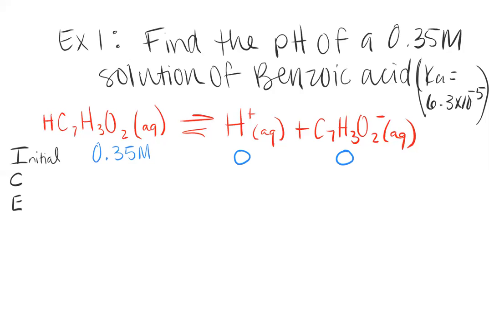The next step, we have what's called the change. Okay. And for the change, that's where we know we're going to get a difference. The reaction's happening. That 0.35 molar is going to change because the benzoic acid is going to dissociate. Now, remember, these are equilibrium arrows. That shows this exists at equilibrium.